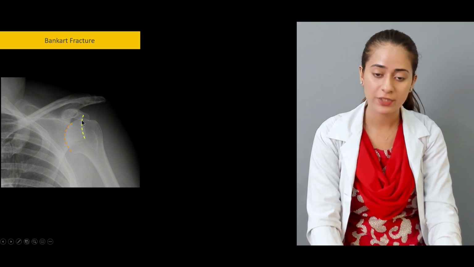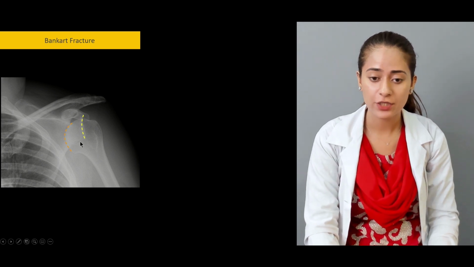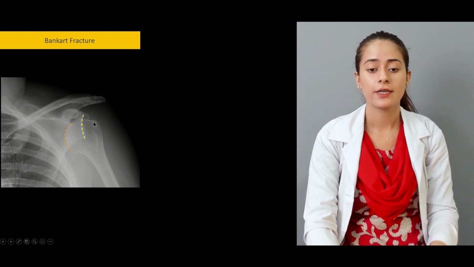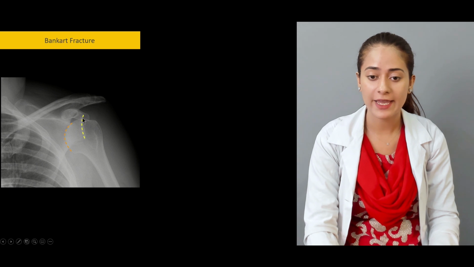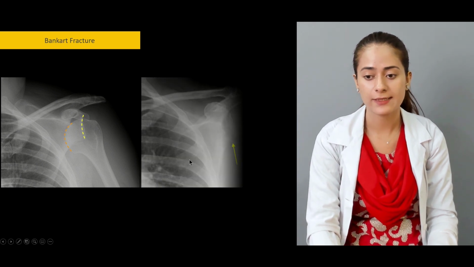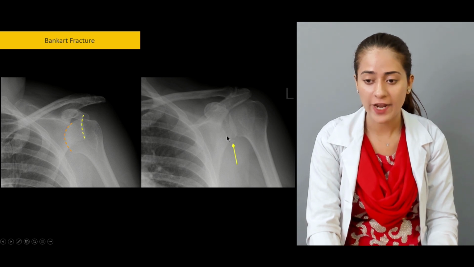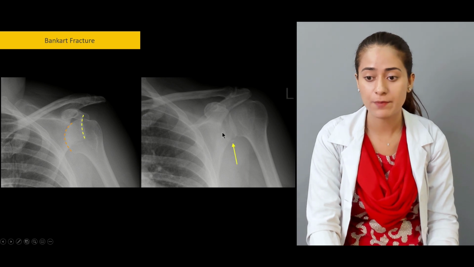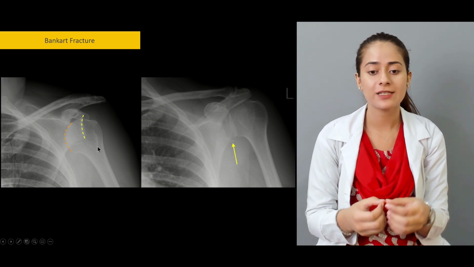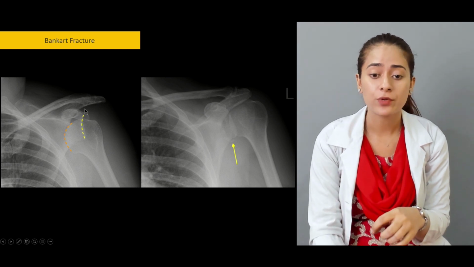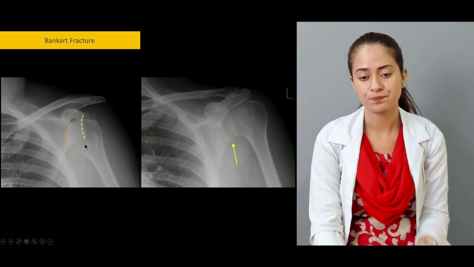So what is happening here is that when it is reduced, or placed back in its anatomical position, this fracture is to be noted. This is the Bankart fracture. The Bankart fracture is actually the inferior labrum, glenoid labrum fracture.